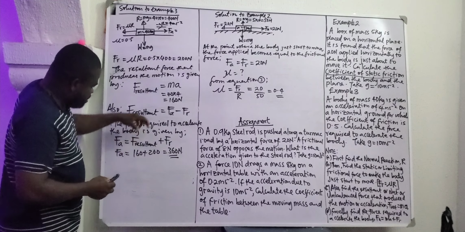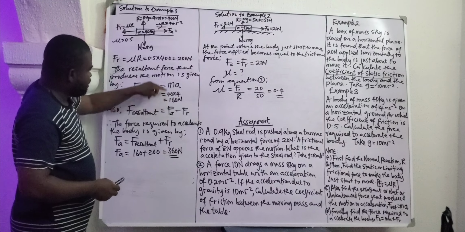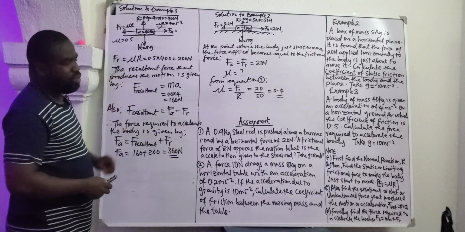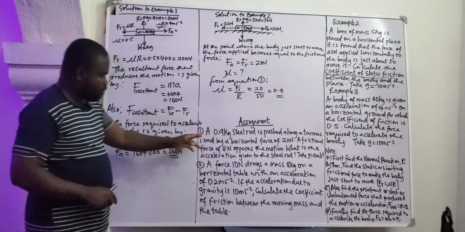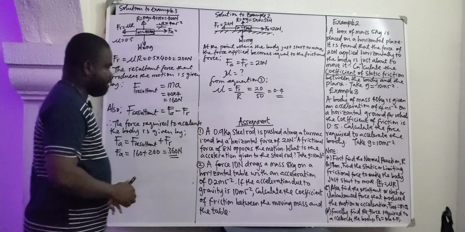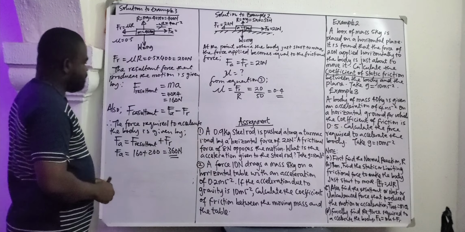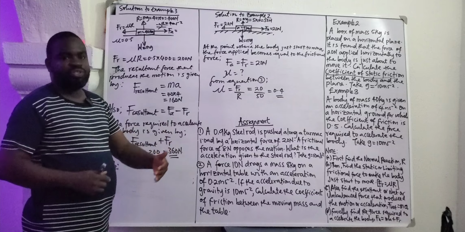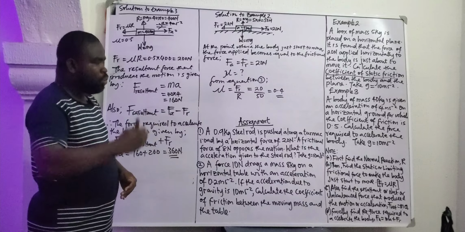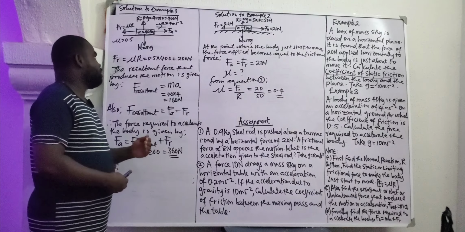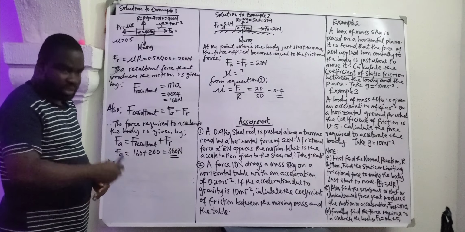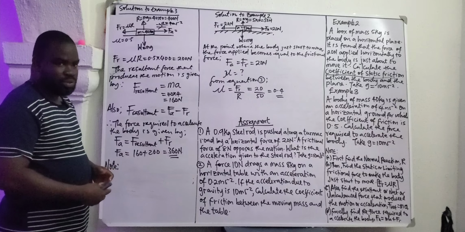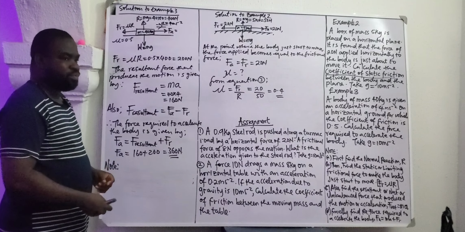Now, I want to take these two formulas and join them together and give you just a single formula which you can use, of course, to solve this assignment that we have. Now, what I'm saying in essence is, note that as dynamic friction or kinetic friction, the force applied must be greater than the frictional force, so that the net or resultant force will produce the motion.